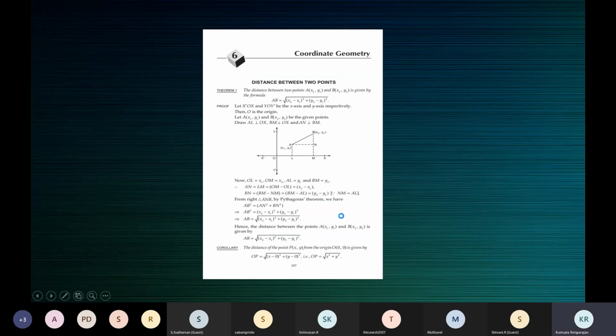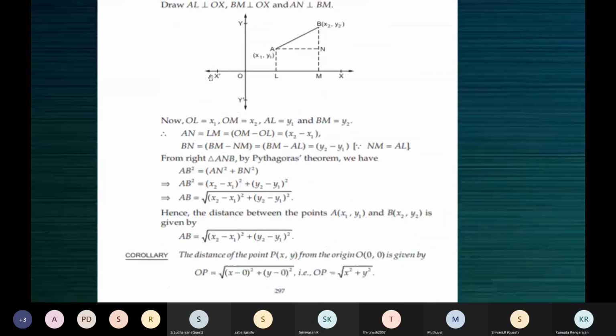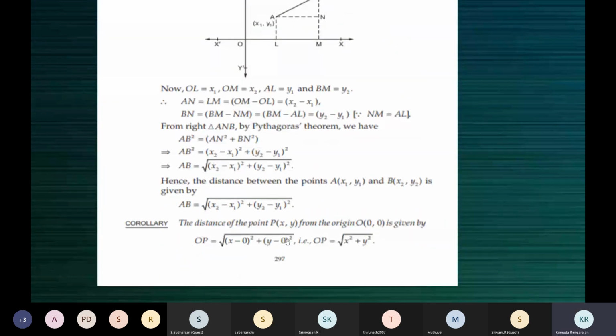And we also understood that if we have to find the distance of a point from the origin, say this point P is given by the coordinates x, y.